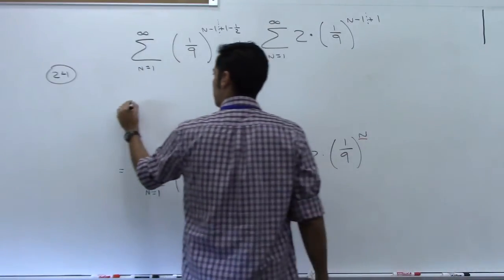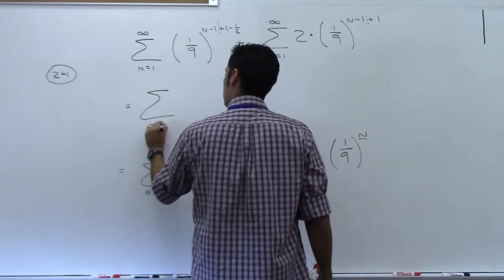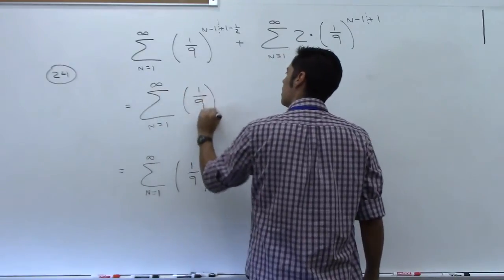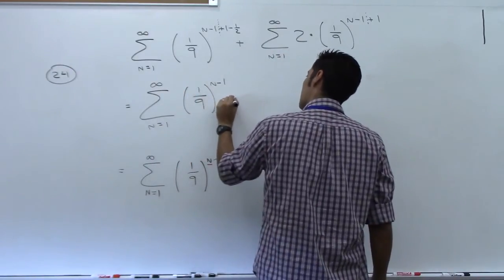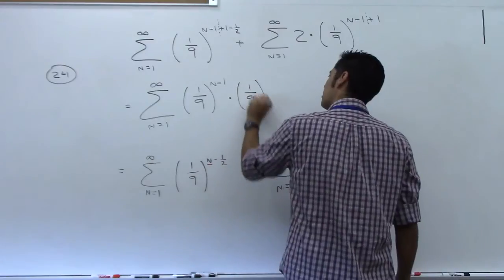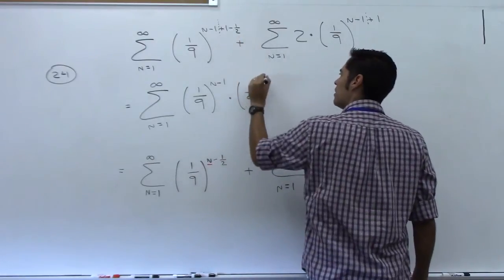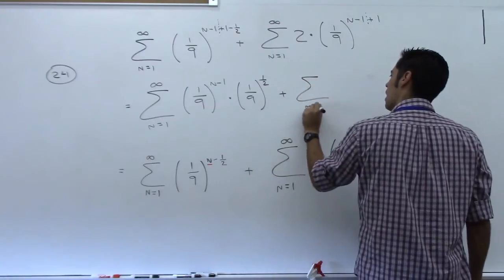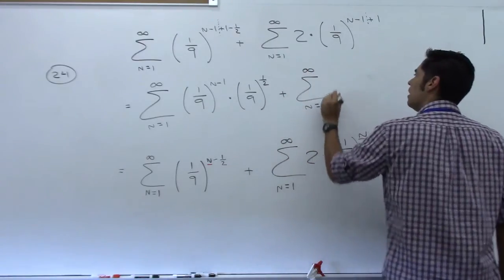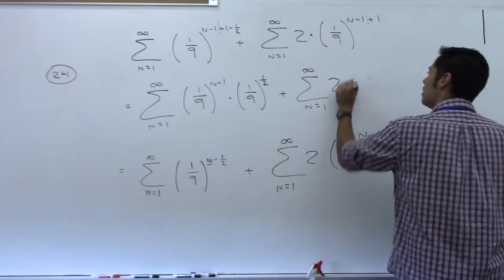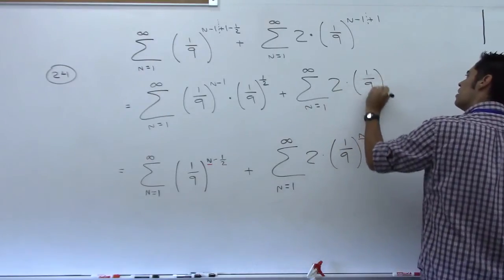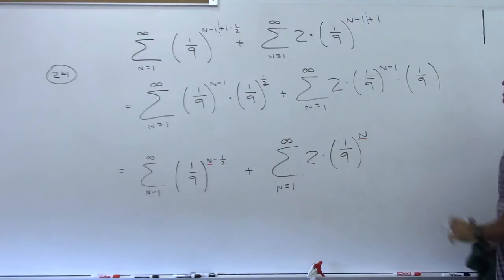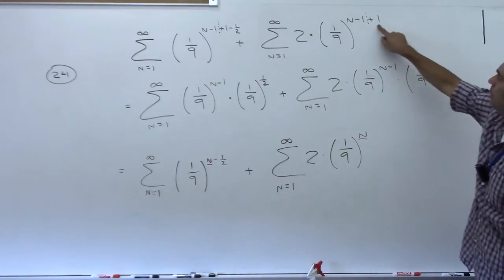So what we get is sum n equals 1 to infinity, 1/9 to the n minus 1 times 1/9 to the 1 minus a half, which is a half, plus sum n equals 1 to infinity of 2 times 1/9 to the n minus 1 times just 1/9 to the first power because of that.